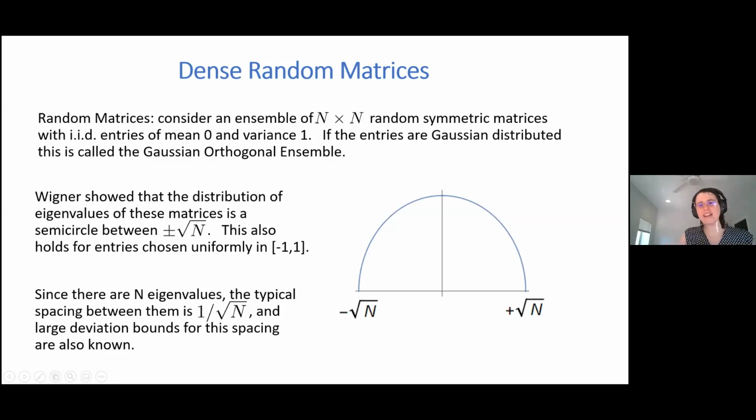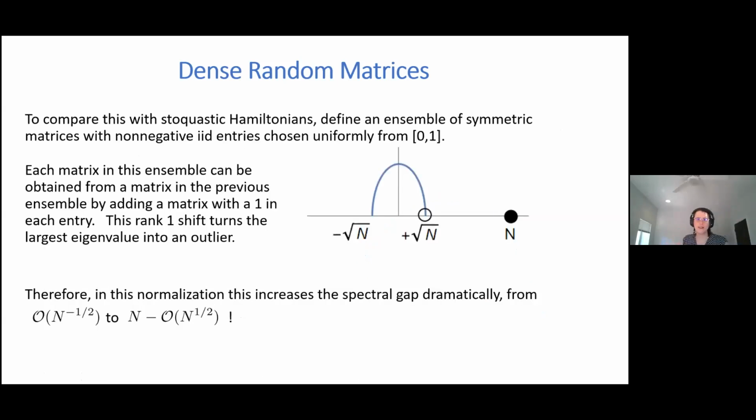So let's think now about what will happen when we take this ensemble of Hermitian or symmetric matrices and we take the absolute value of all the entries. Okay, so that corresponds to an ensemble of symmetric matrices with non-negative IID entries, say, chosen uniformly from 0 to 1.